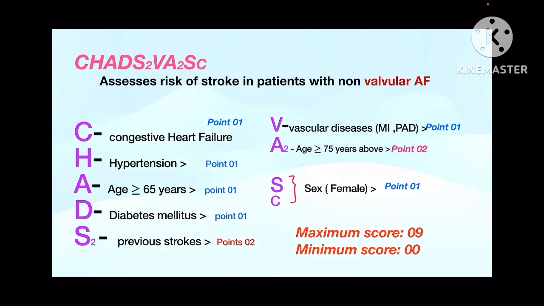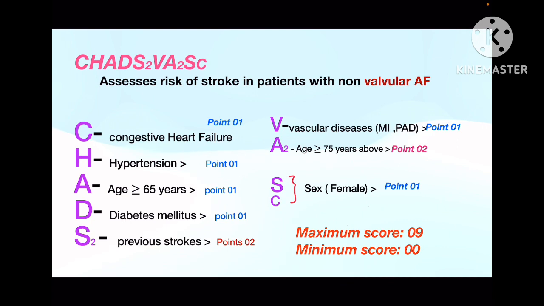We are going to discuss the components represented by these letters, so then you will realize how many points can be gained in each component, what the maximum and minimum CHADS scores are, and how you are going to utilize that to determine the annual stroke percentage in the next 12 months.